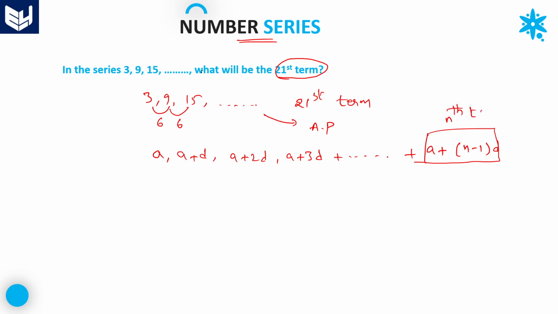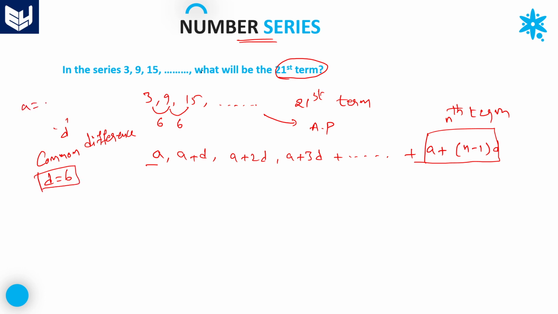A is called the first term, and D is called the common difference. In this problem, common difference D is equal to 6.